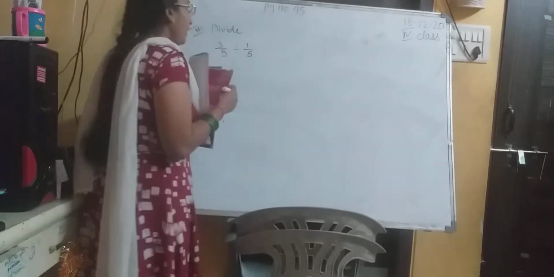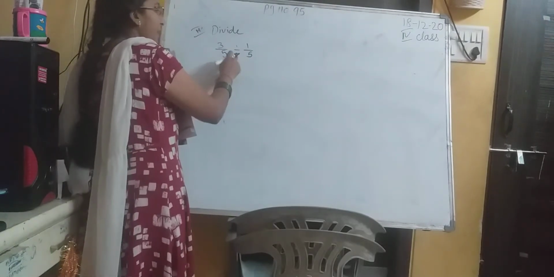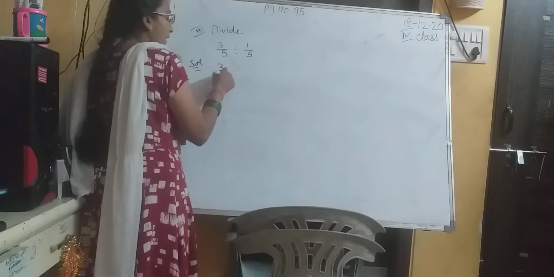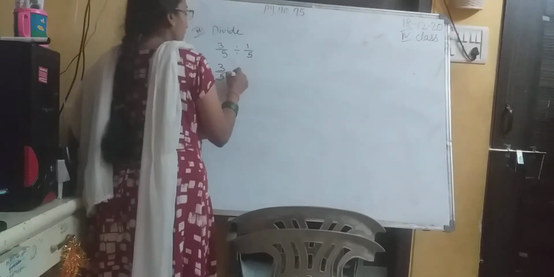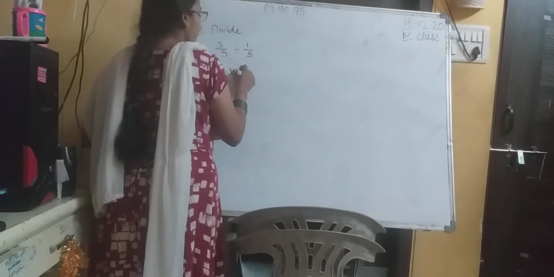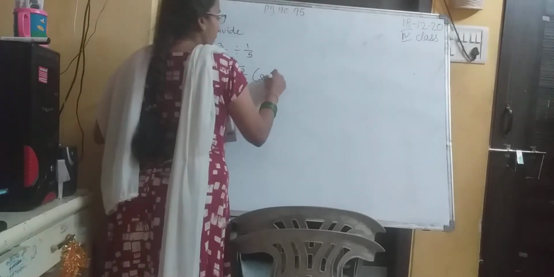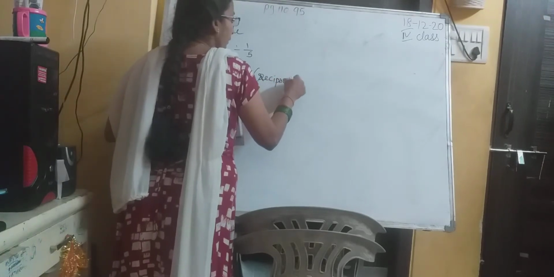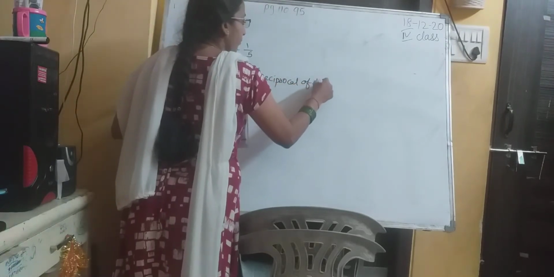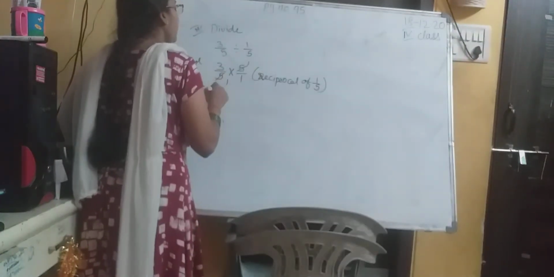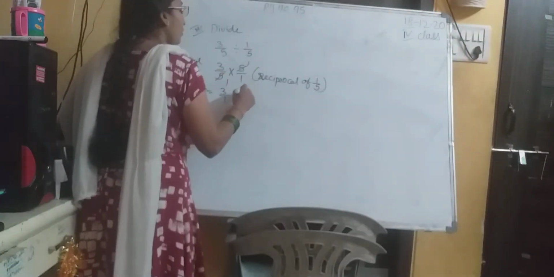So what did I tell you? Whenever you have division, this number will be the same and you put the reciprocal. The reciprocal of 1 by 5 is 5 by 1. 5 ones are 5, that is nothing but 3 by 1, that is equal to 3.